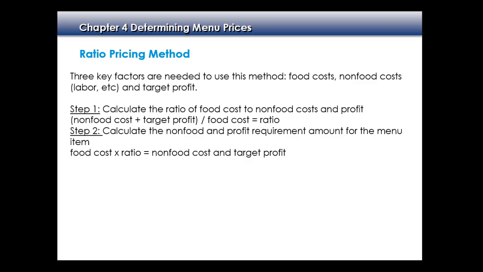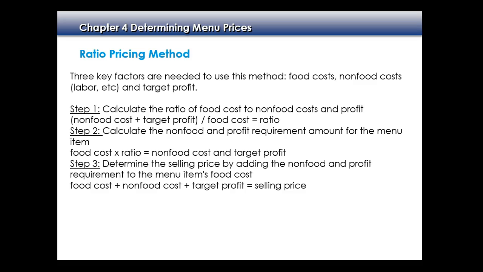Then we just want the food cost times the ratio, and that'll give us the non-food cost and target profit. So now we're just going to add it all together. The food cost and then that last one, the non-food cost plus the target profit, will give you the selling price. So here's a little example to try to wrap your brain around this one.